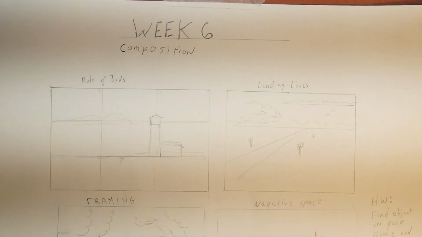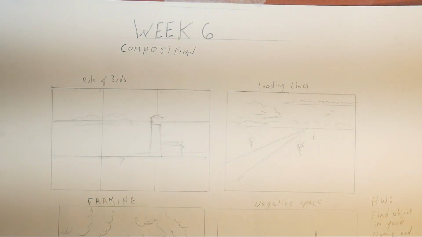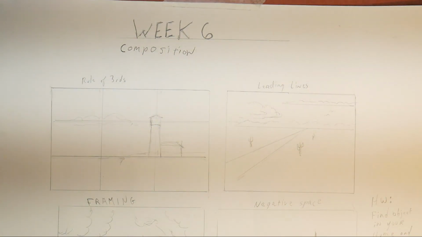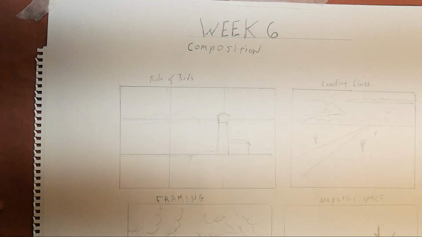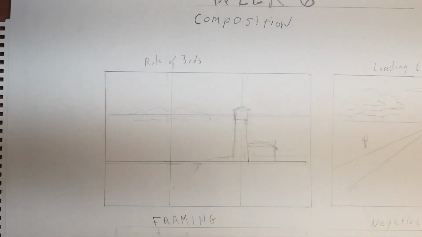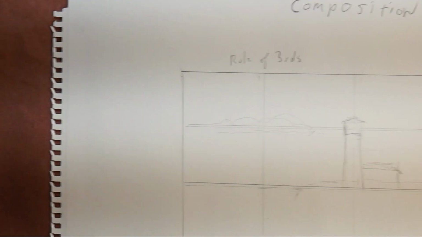But let's look at a few other forms of composition that have become very popular. One example is what we call the rule of thirds. With the rule of thirds, what we do is we chop our canvas into 3 parts.